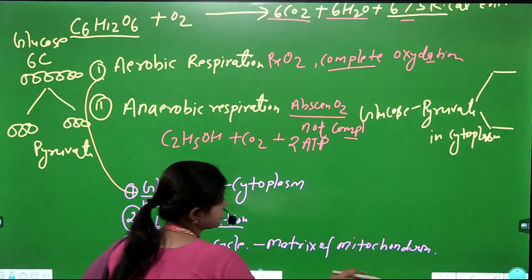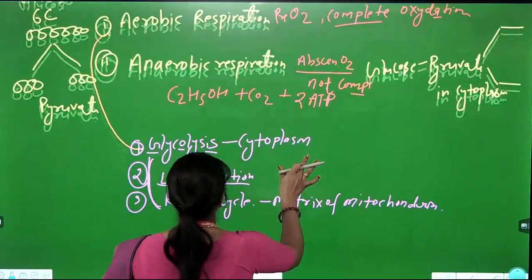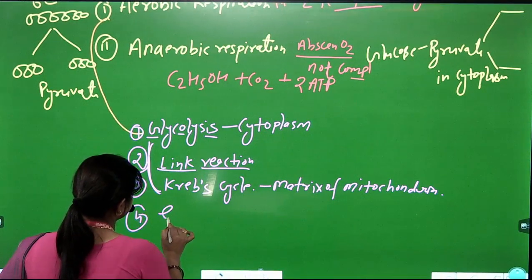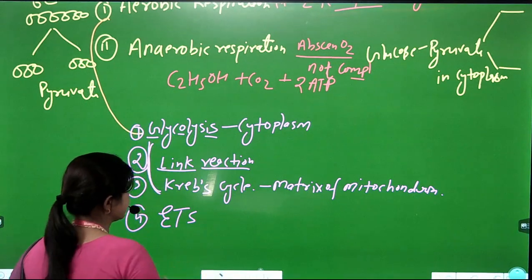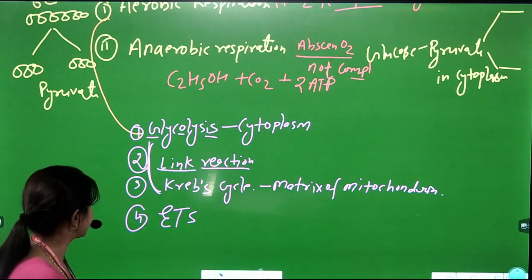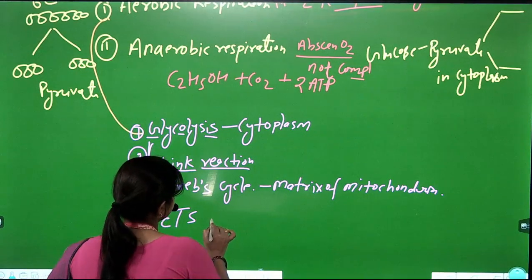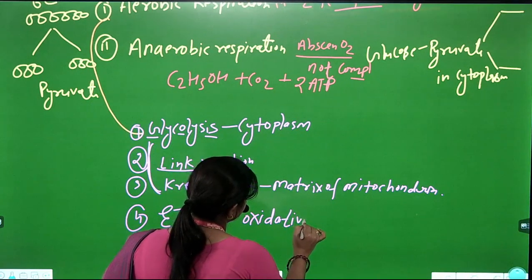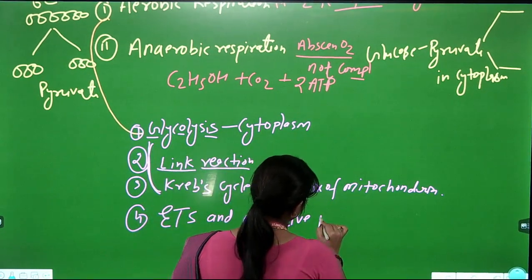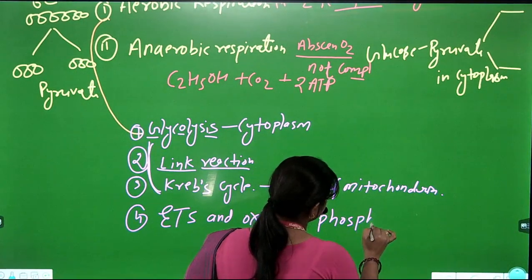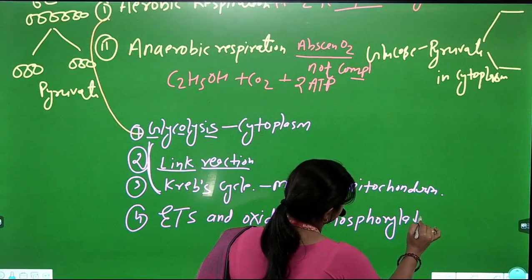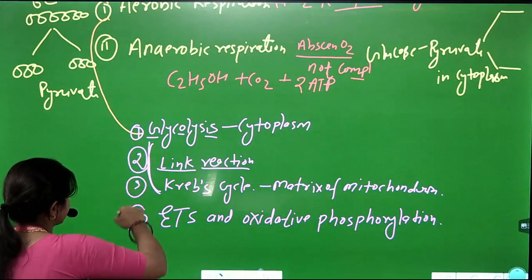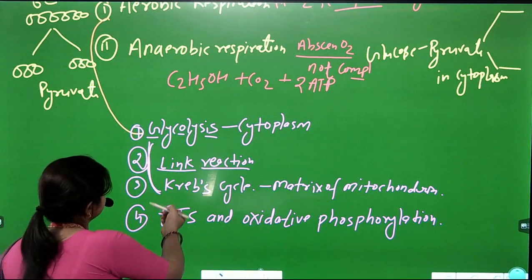And the fourth step is ETS. ETS stands for electron transport chain, and oxidative phosphorylation. With these 4 steps aerobic respiration is completed.